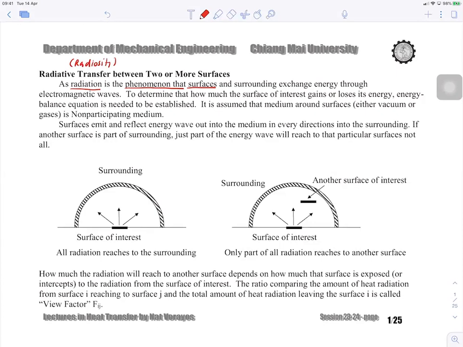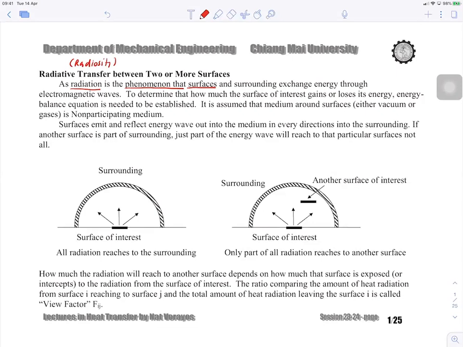It's not just the subject of interest; the other subjects or the surroundings all have temperatures over 0 Kelvin, so they too are going to emit energy out.